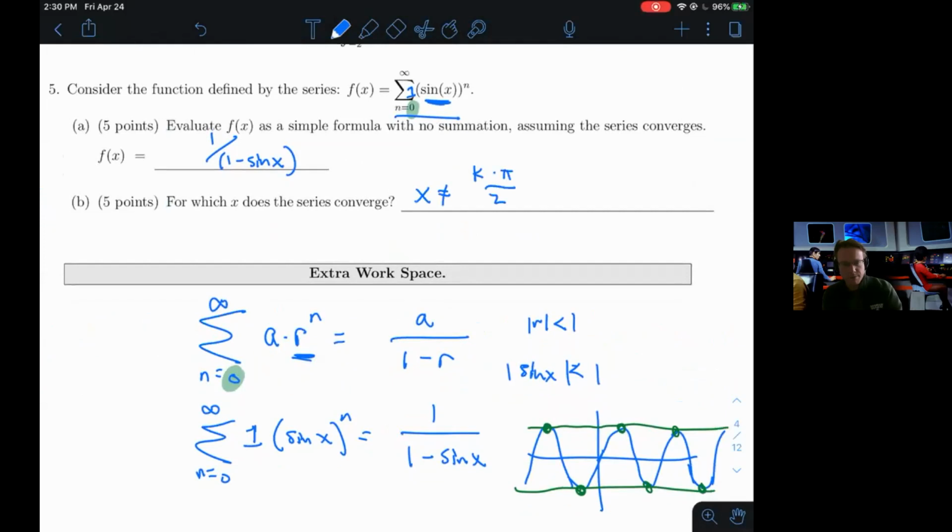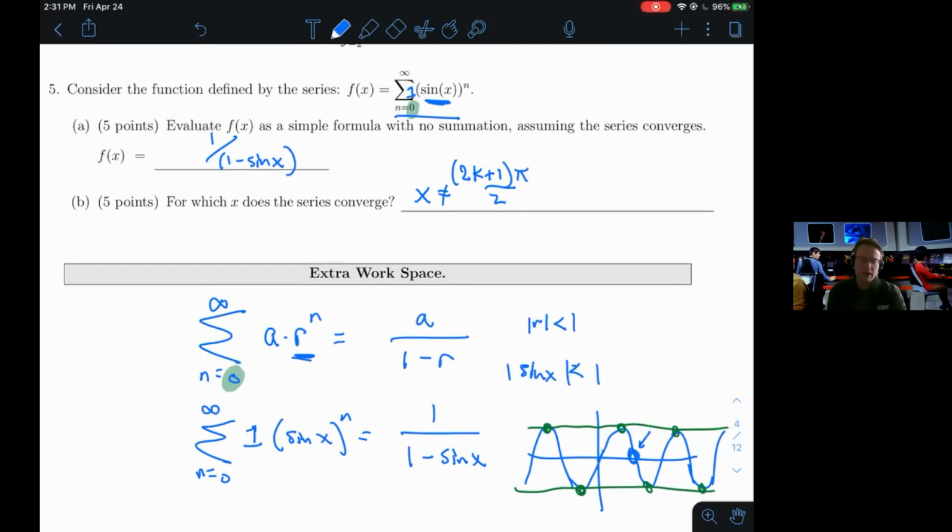But that's any multiple of pi over 2, and we need to take special care to make sure it's odd. The easiest way to write down an odd number is 2k plus 1. Because if we just had 2 pi over 2, that'd be pi, down here.